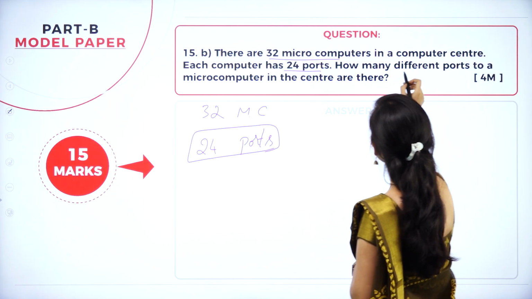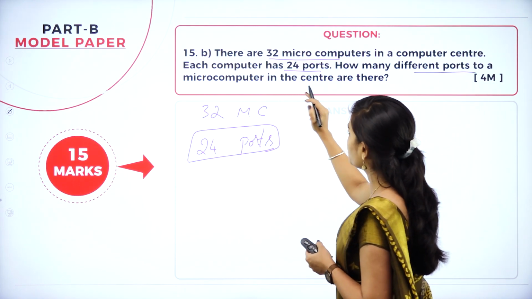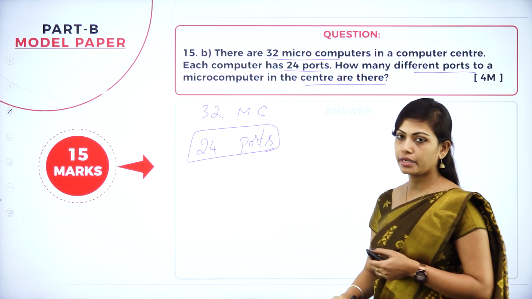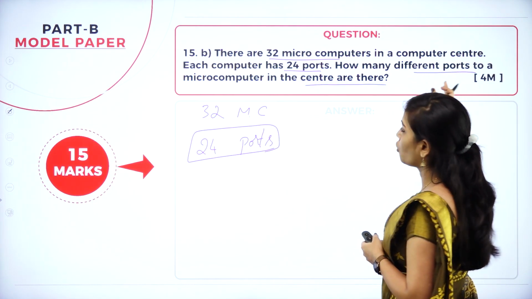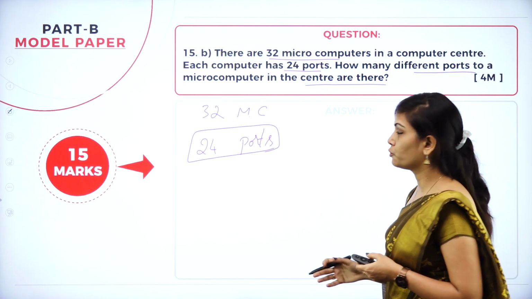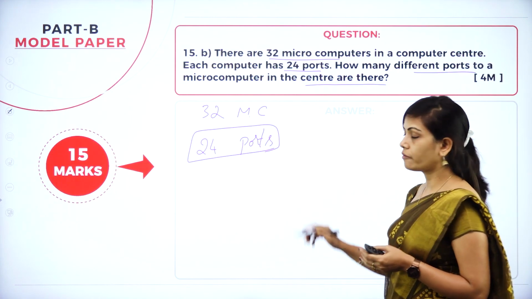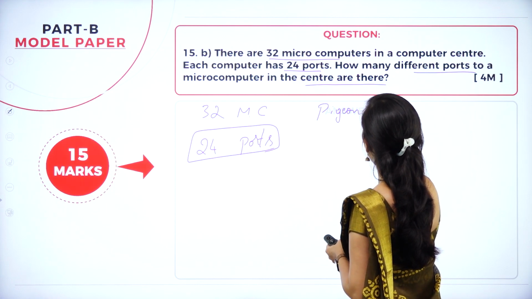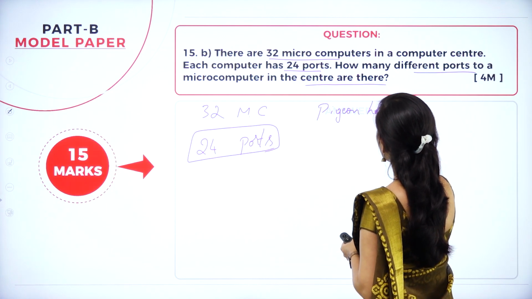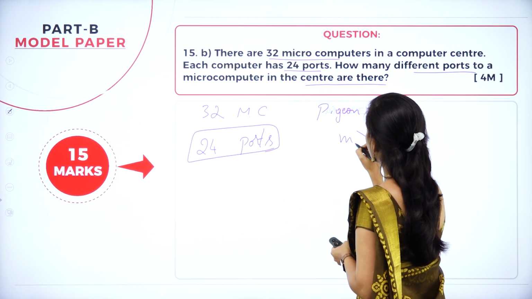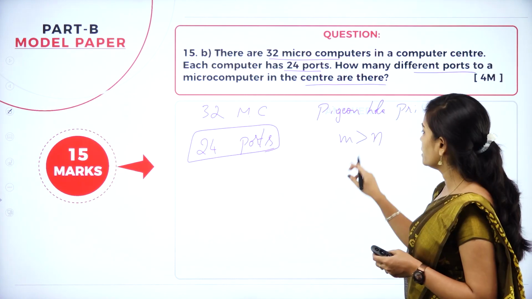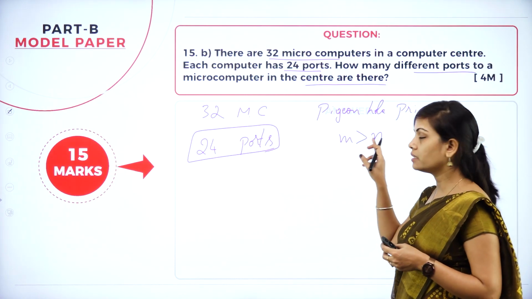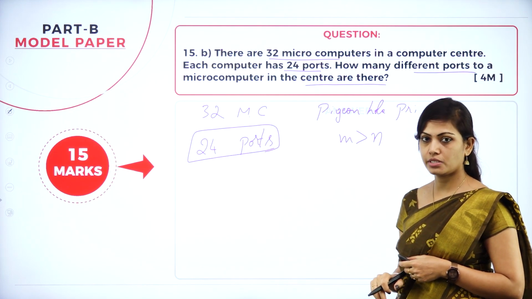So now, how many different ports to a microcomputer in the center are there? So here you have to use the pigeonhole principle. So m is greater than n. Is it right?